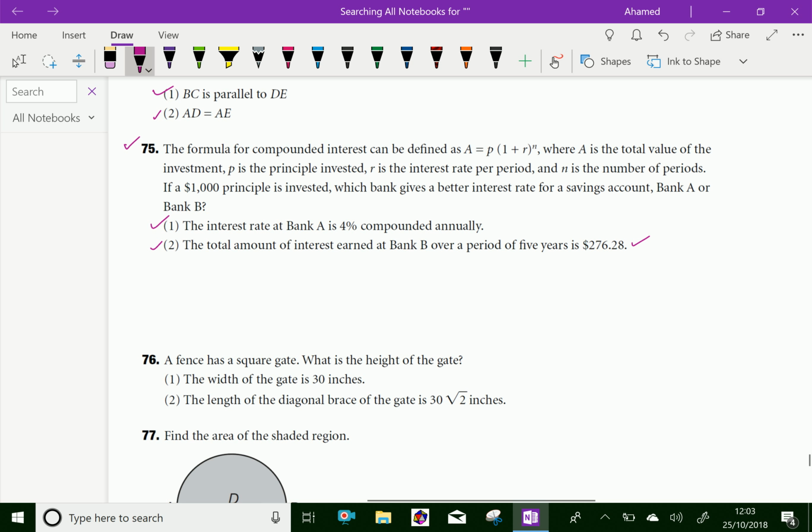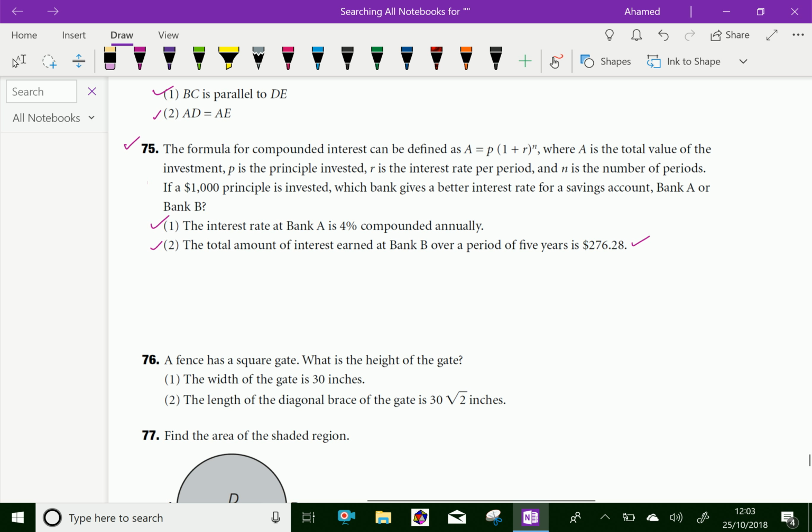So it is option C. We'll see one more time here.